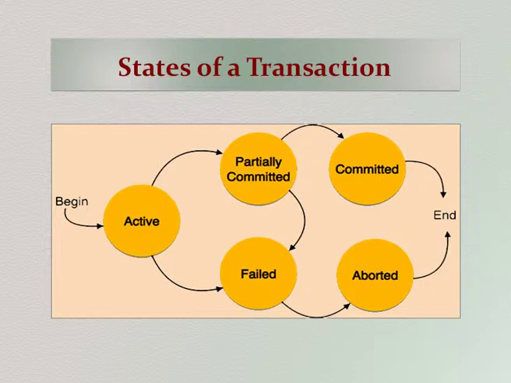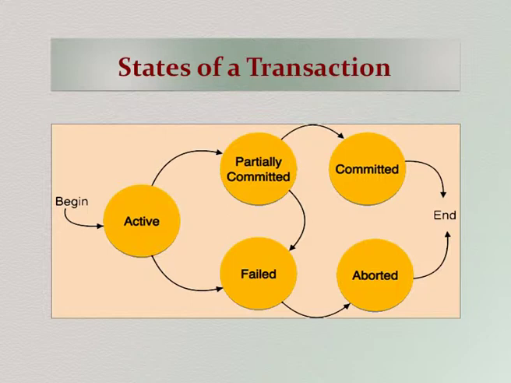Once again, if it has failed, either it may be aborted, or if all the data that it requested is available, it may continue and finish off the operation. If in the partially committed state the last task is over, it can move on to the committed state, where a commit command may be given and the transaction will be successful.